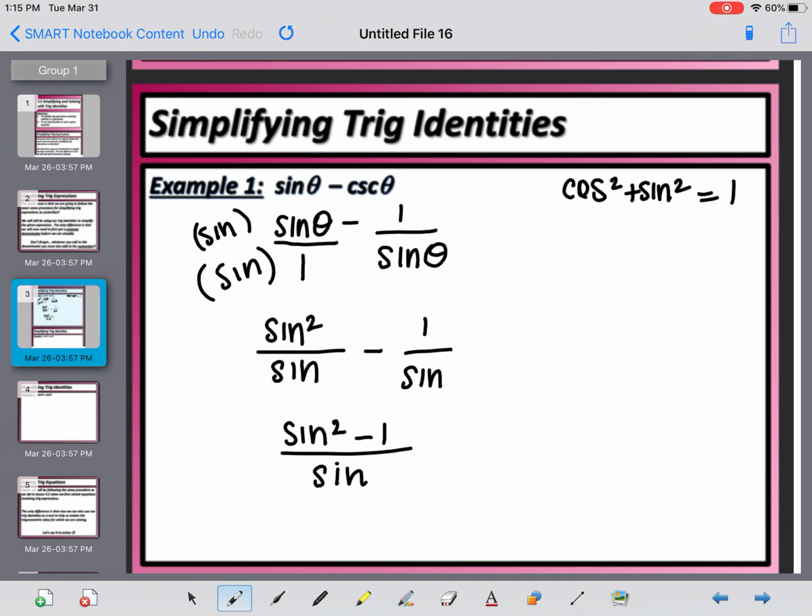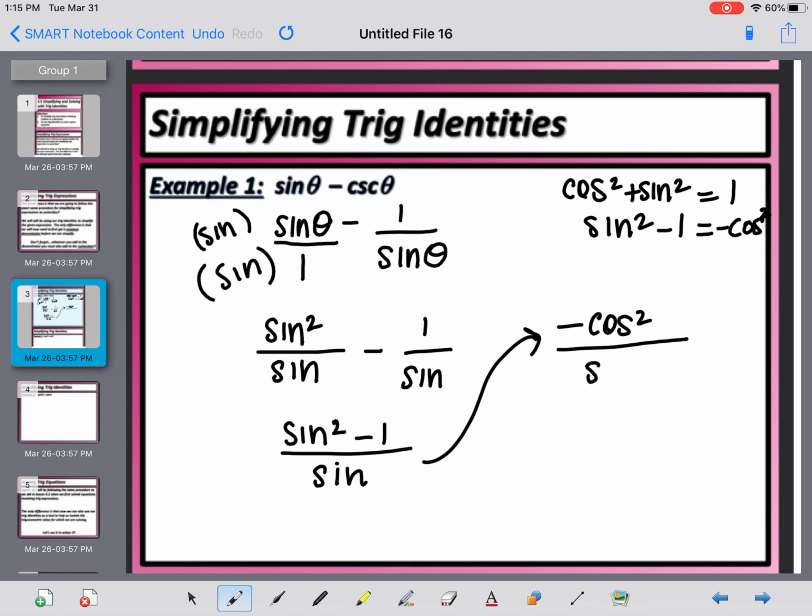Okay, but if I rearrange, I can get sine squared minus 1 equals negative cosine squared. So I'm going to go ahead and do that and make the numerator a negative cosine squared. And it's okay to do that, to change up your signs.